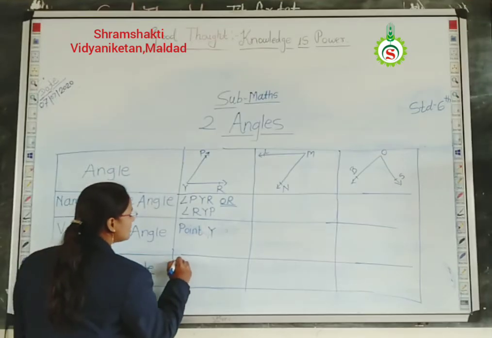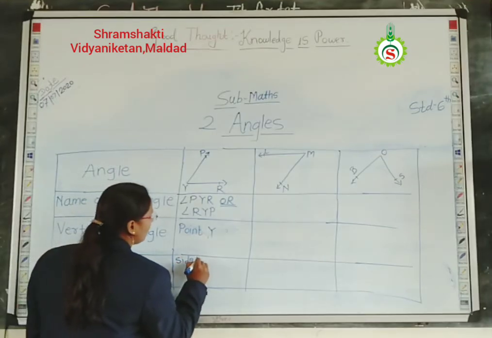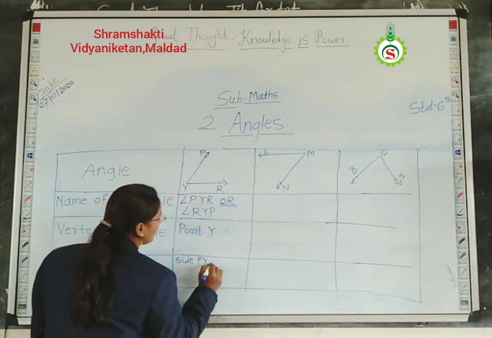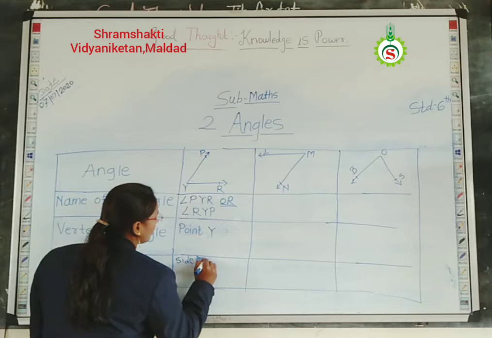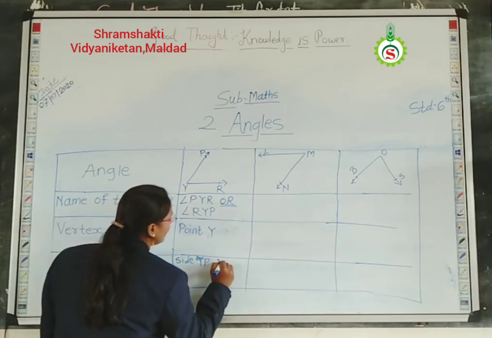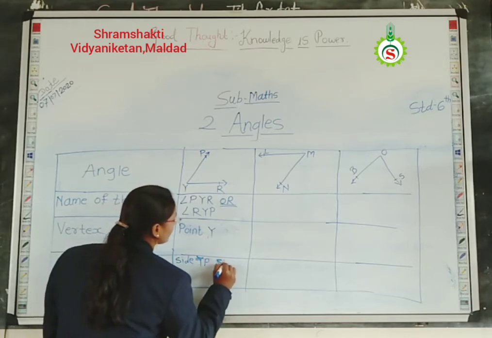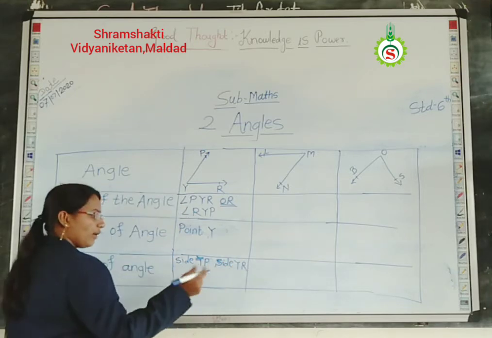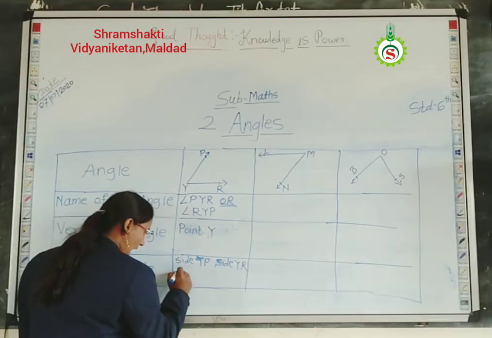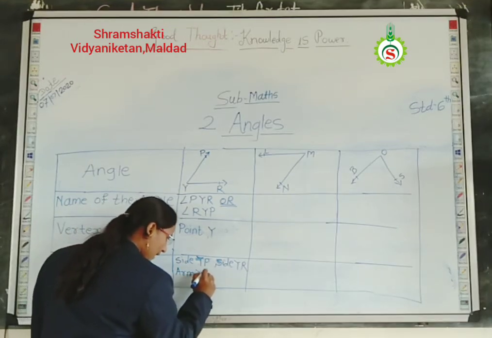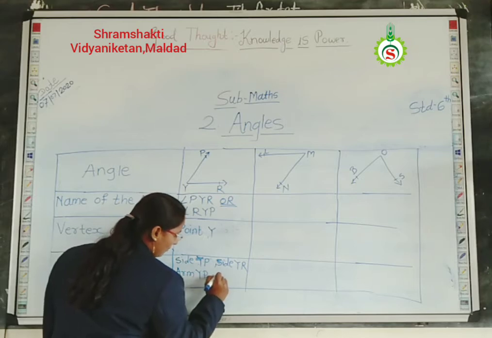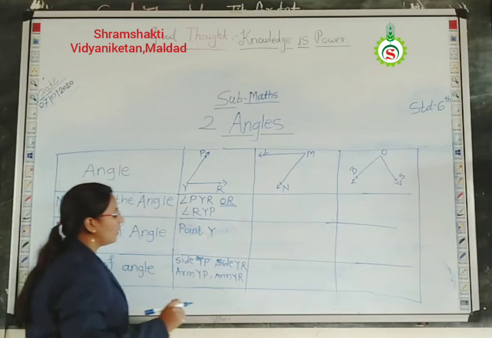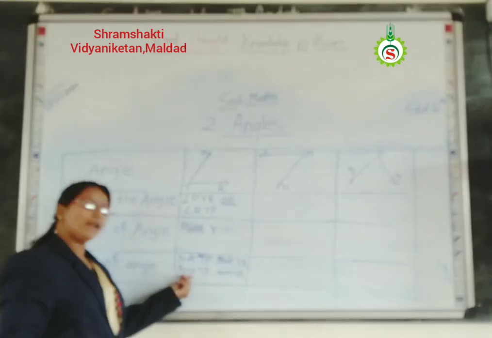First we write side YP or PY, and side YR, or you may write it as arm YP, arm YR. Any word you can use, side or arms.